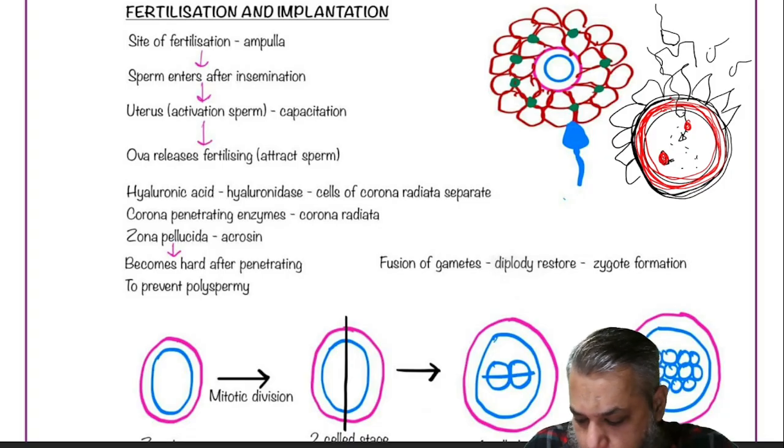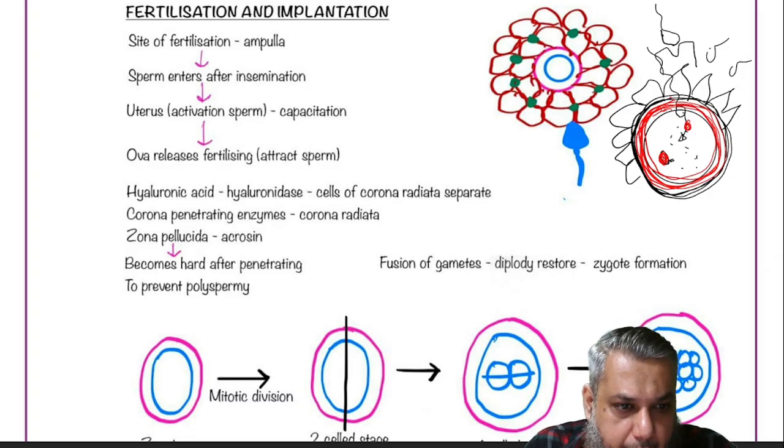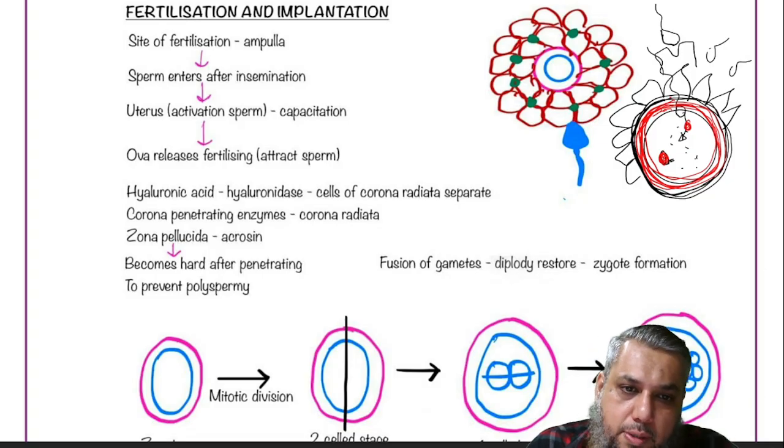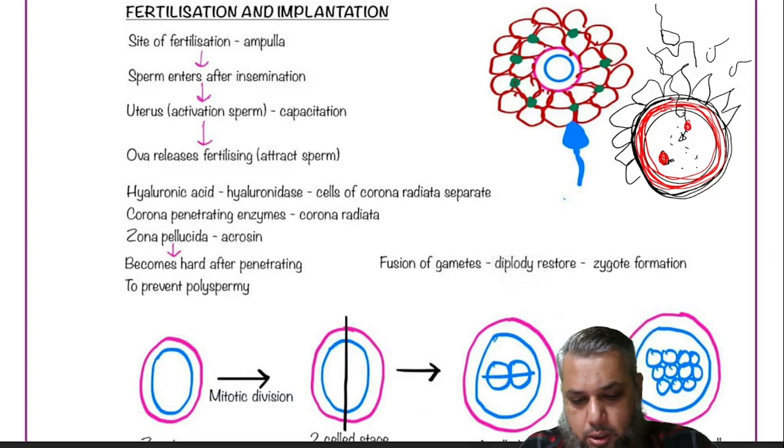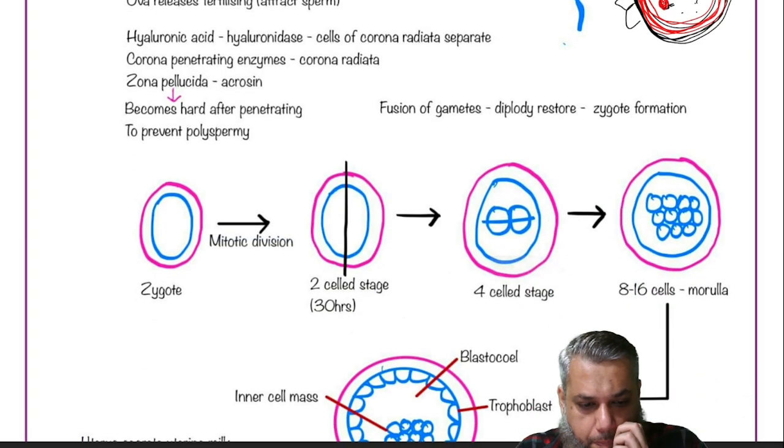Now the male pronuclei and female pronuclei, both will unite and result in the formation of the diploid zygote. So that is how the zygote formation will occur.